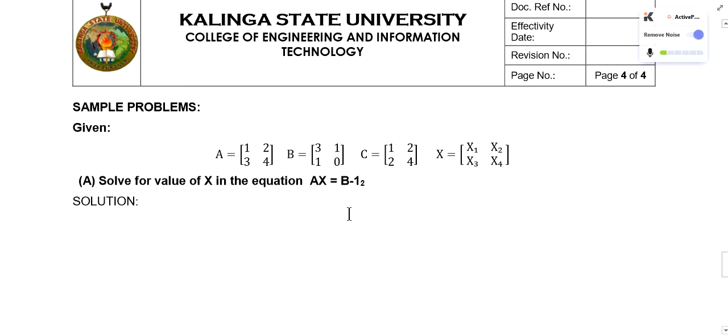So we have here a sample problem. We have a given matrix A, given din yung matrix B, which is a 2 by 2 matrix, given yung matrix C, 2 by 2 rin, and then X, which is X1, X2, X3, and X4. So yung hahanapin natin dito is we need to solve for the value of X in the equation AX = B minus I2.